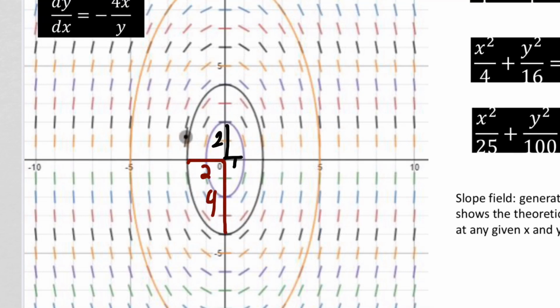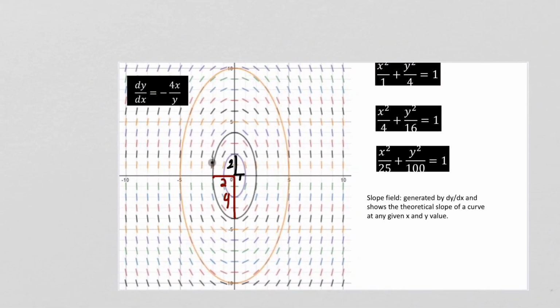Right. So again, it's double in length. And then this other one has a semi-major axis of 10 and a semi-minor axis of 5. So all of them have a major axis that is double the length of the minor axis, and any ellipse that follows those properties is going to be modeled by this slope, dy/dx equals negative 4x over y.